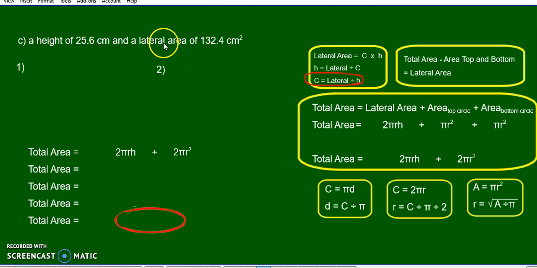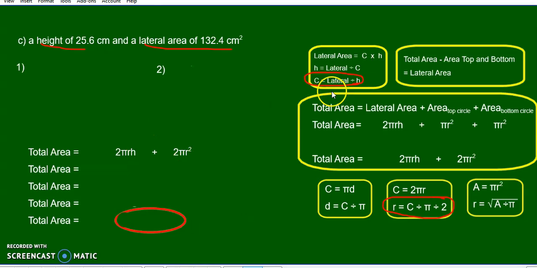I have the lateral area and I have the height. If I divide, I'll get the circumference. And once I have the circumference, I can use this formula to find the radius. That'll give me the R. I have the H. Then I could use the total area formula.